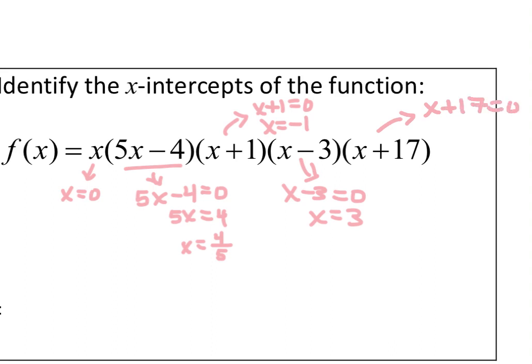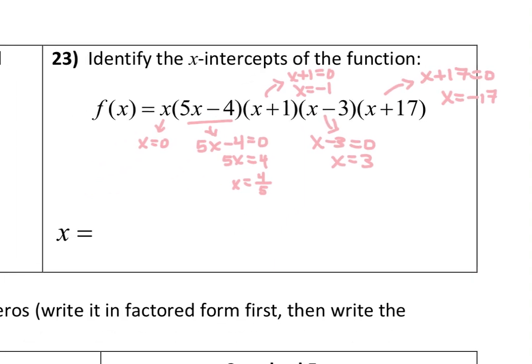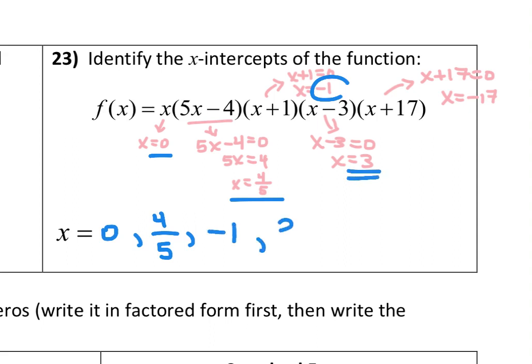But that's where these numbers are going to come from, x equals negative 17. And so your answer to this problem would be 0, 4/5, negative 1, positive 3, and negative 17.